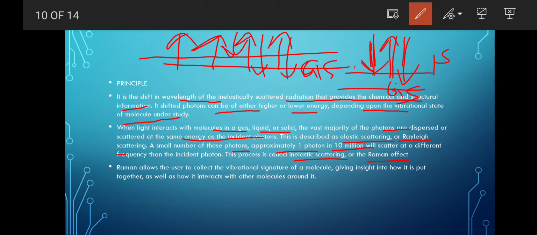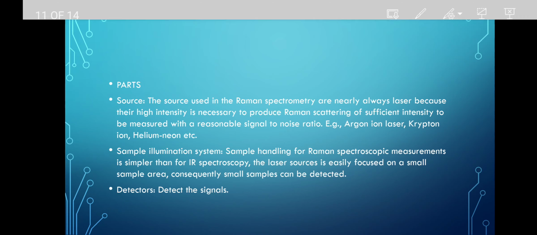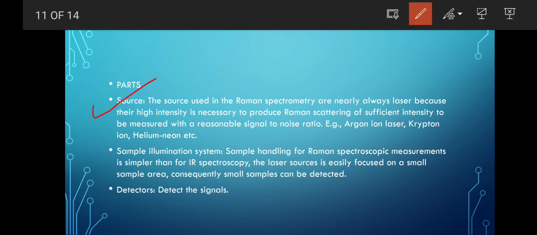So Raman allows the user to collect the vibrational signature of the molecule, giving insight into how it is put together as well as how it interacts with other molecules around it. The parts in Raman spectroscopy are the source, the spectrometer and the laser. Mainly the laser is used because it gives high intensity.